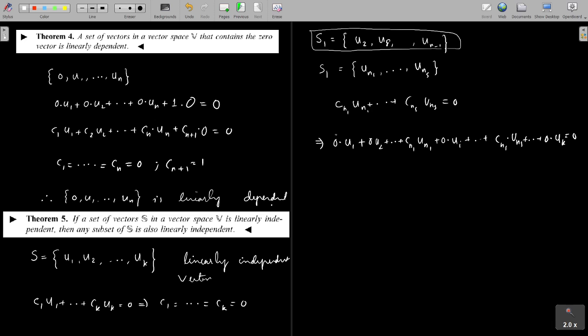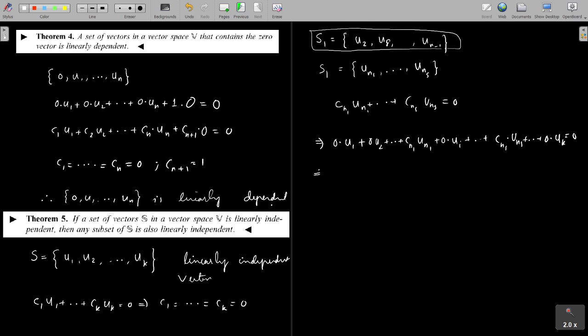So that means we insert all the elements of the set S in this expression by putting the corresponding coefficient as 0. The only coefficients of the vectors un1, un2, etc., uns are Cn1, Cn2, etc., Cns, and all other coefficients are 0.